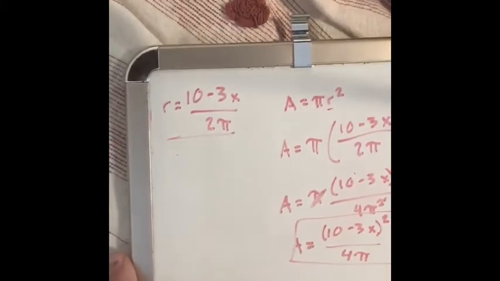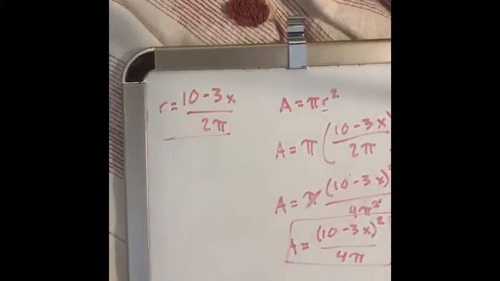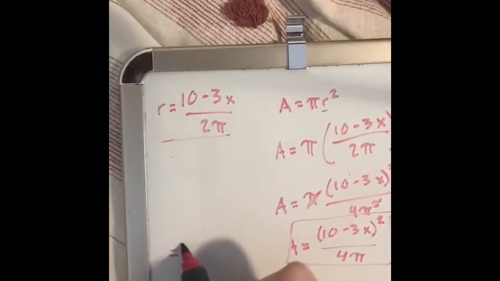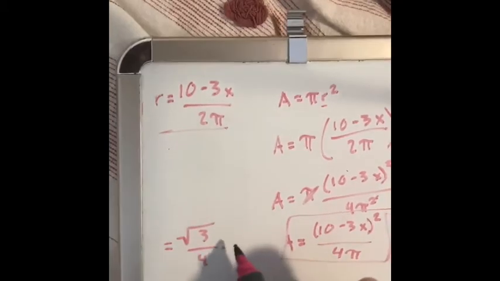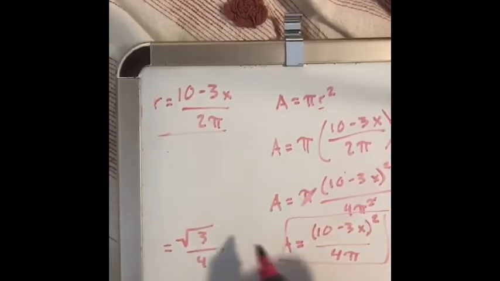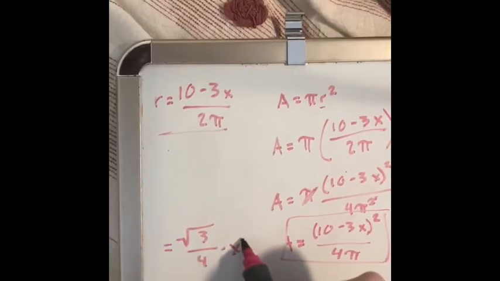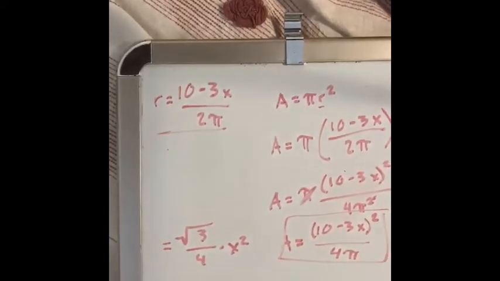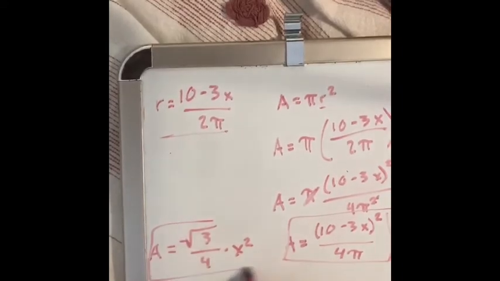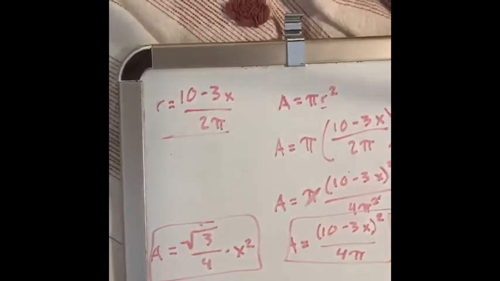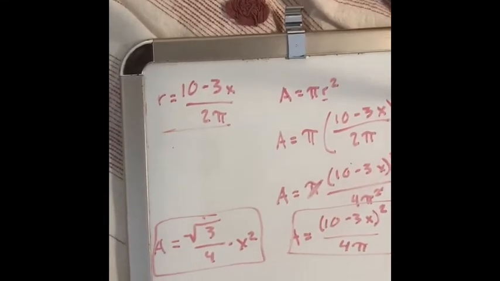Next, we're going to find the area of the equilateral triangle. The formula is the square root of 3 over 4 multiplied by the side length of the triangle, which we'll say is x in this case, squared. So these are our formulas for the triangle and the circle. We're going to add these together to find the total area.